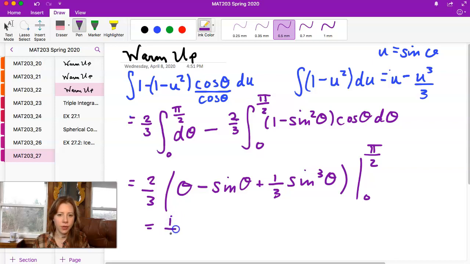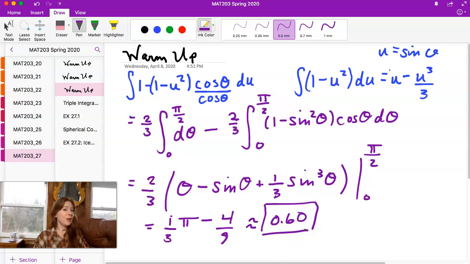It's going to come out to 1/3 pi minus 4/9 when all is said and done, which is approximately 0.60. Okay, so that was a hefty warm-up there.